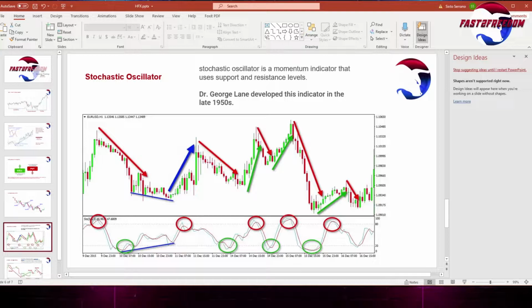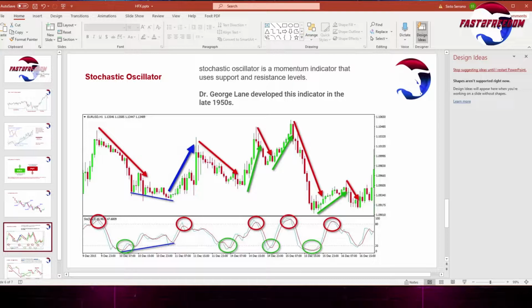This is just a simple default setting. So if you see this, this is a resistance area. If you look up top, without even putting a resistance line, like actually marking it up, you can visualize it by seeing the stochastic, like, okay, wow, it's hitting a resistance area. So just wait for the crossover to get in on a sell.